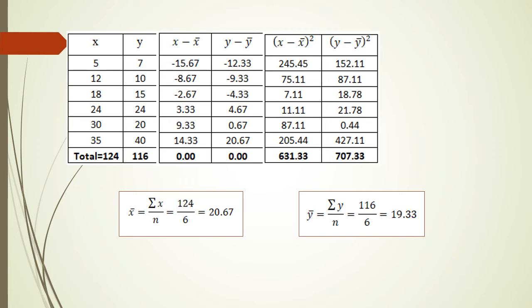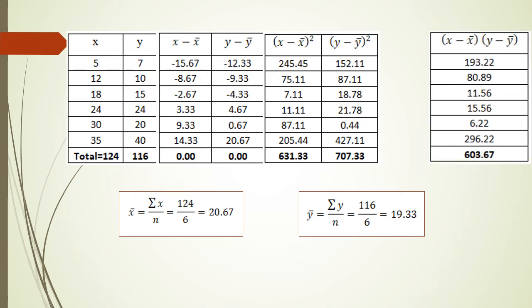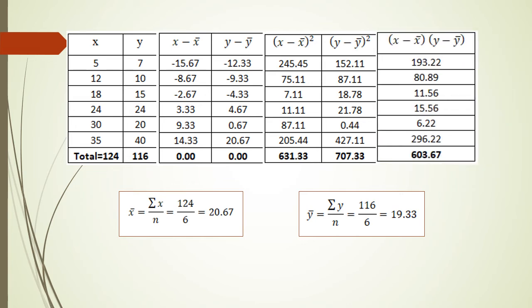Similarly, we square each y minus y bar and find the sum, that is summation y minus y bar squared. Then we multiply each x minus x bar with the corresponding y minus y bar and find the sum, that is summation x minus x bar into y minus y bar.